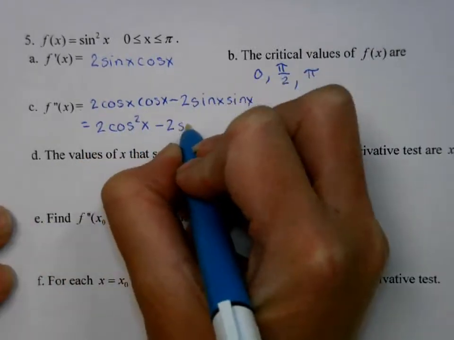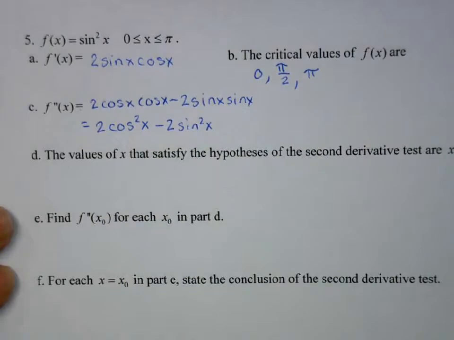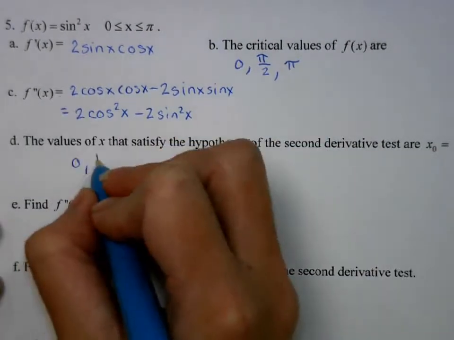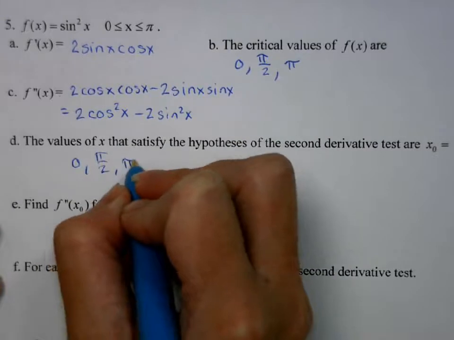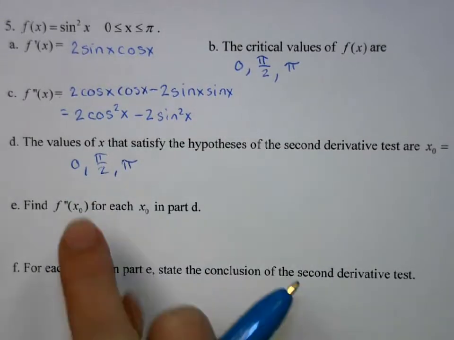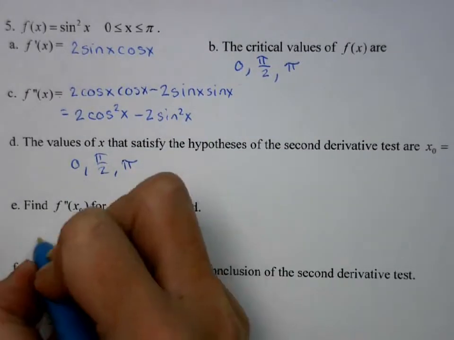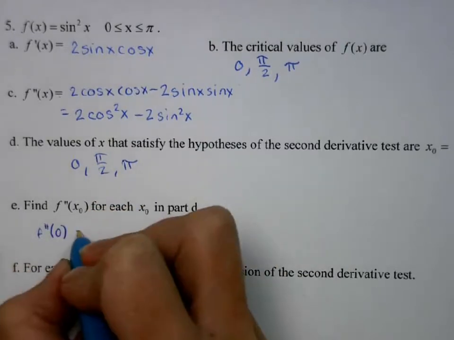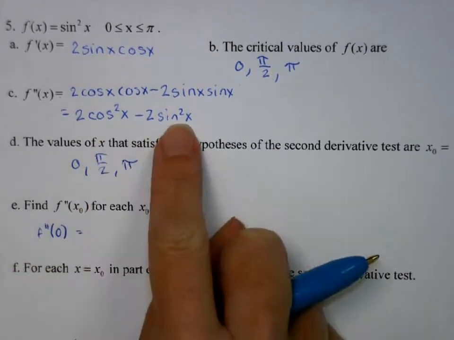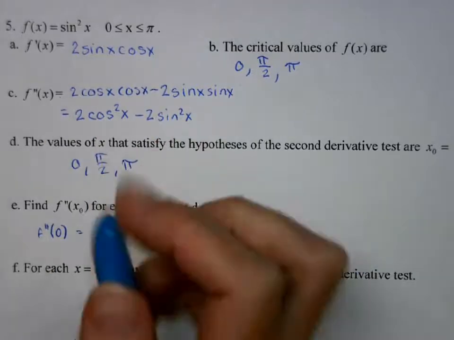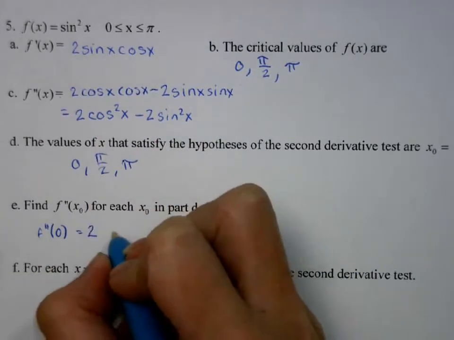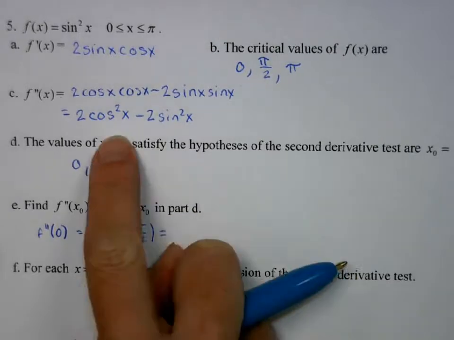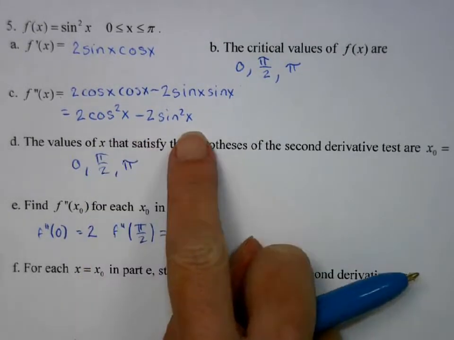Okay, the values that satisfy the hypothesis are the things we just identified. Those are the critical values. Then we're going to evaluate the second derivative. So f double prime of 0: cosine of 0 is 1, sine of 0 is 0, so that's just going to be 1 times 2. At pi over 2, cosine of pi over 2 is 0, sine of pi over 2 is 1, so we're going to have a negative 2.